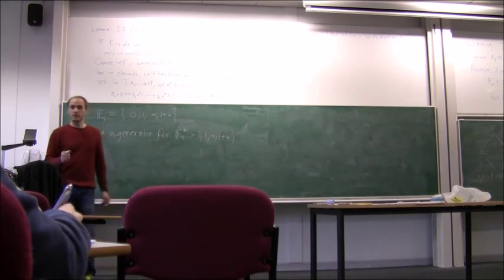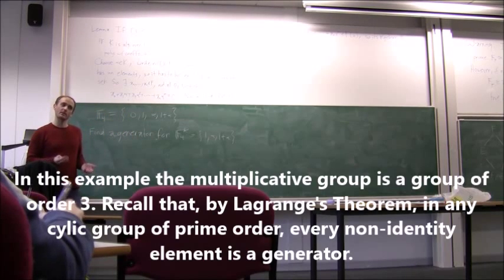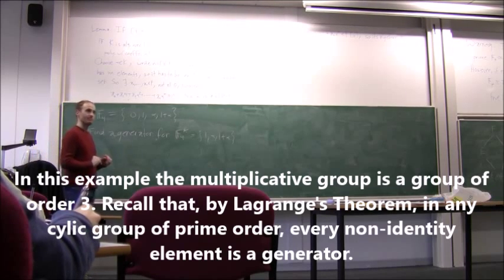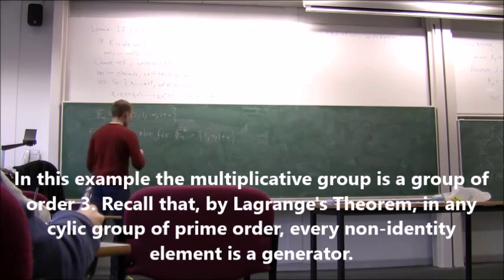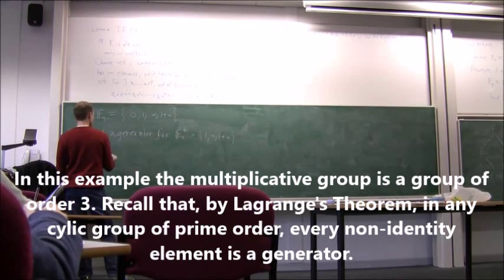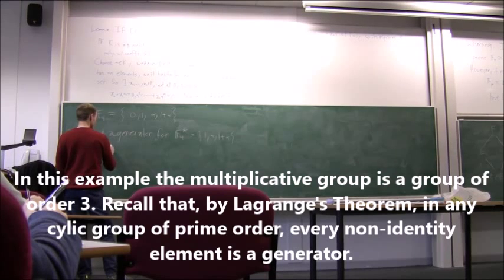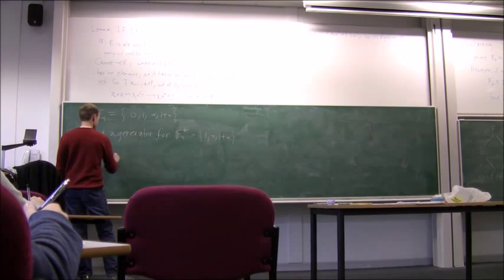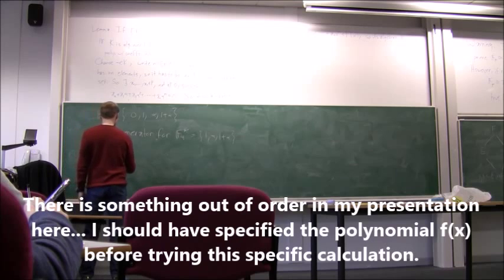What do you want to guess is a generator? Well, there's only 3 elements here. You can't really go wrong. Just don't pick 1. Just pick one of the other ones, and you're okay. So if I take alpha, I've got alpha to the 1 power, and I've got alpha squared. Alpha squared is 1 plus alpha.